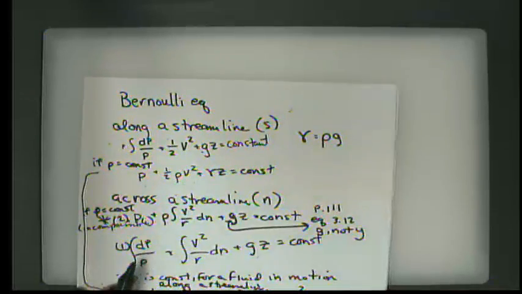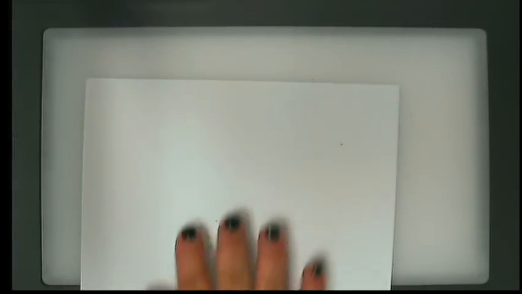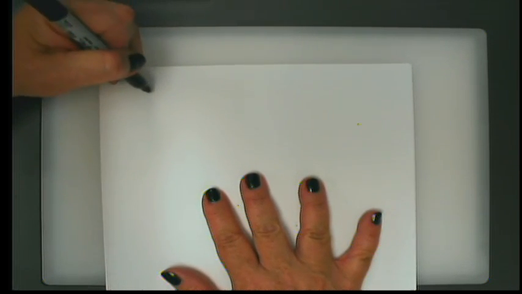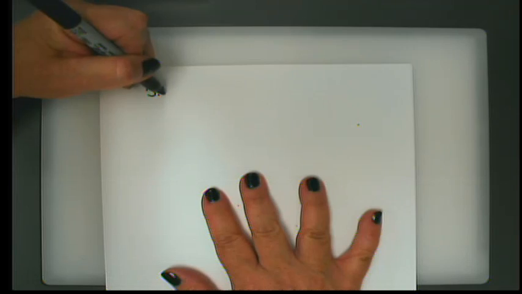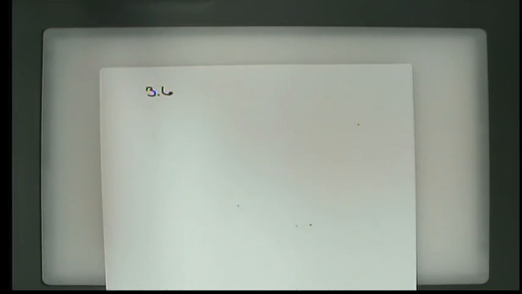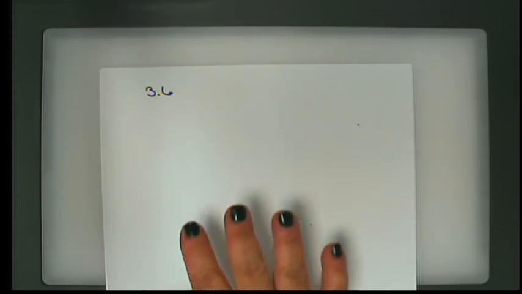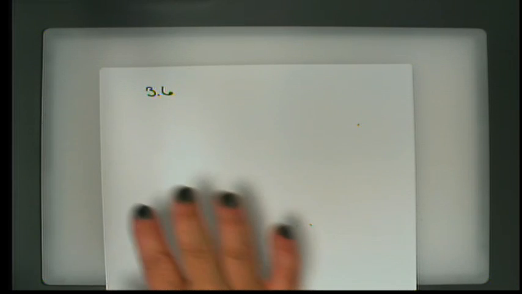All right, so to finish this off, I'd like to work a problem for you. The problem that I'm going to do is a pressure gradient problem. It's problem 3.6 in your textbook, on page 145.